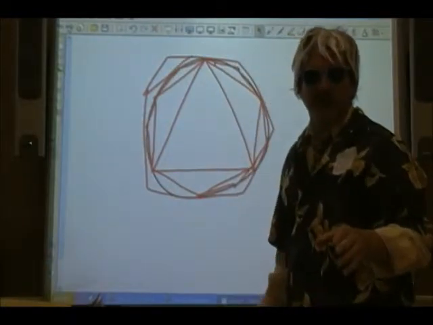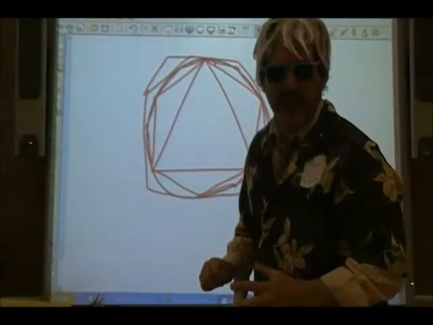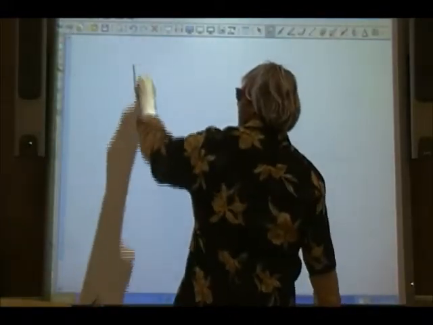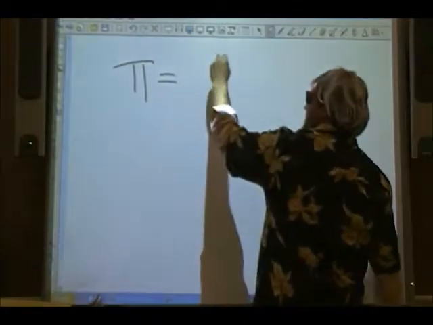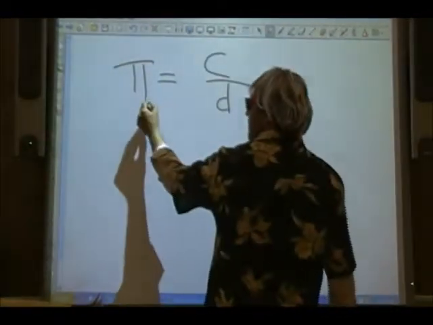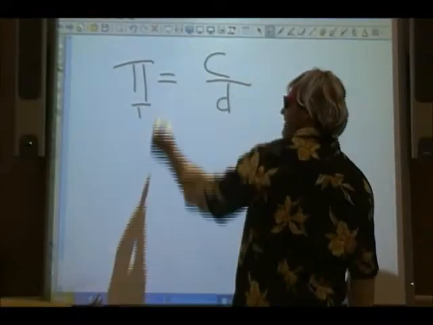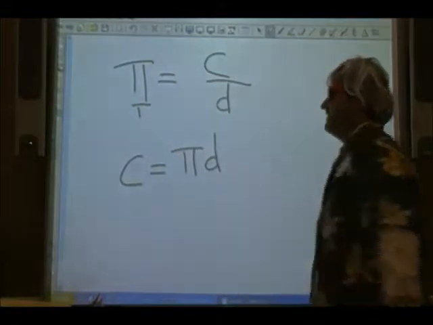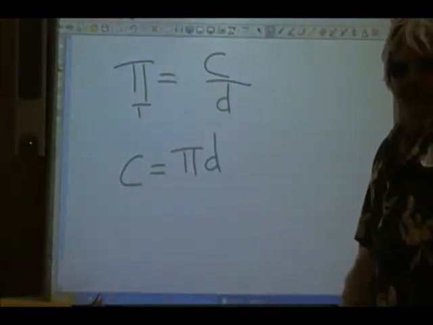The other thing I want to show you is you can manipulate the variables once you have this understanding of pi. Since pi is circumference over diameter, if I cross multiply, I have circumference is pi d. See? I just made another formula.